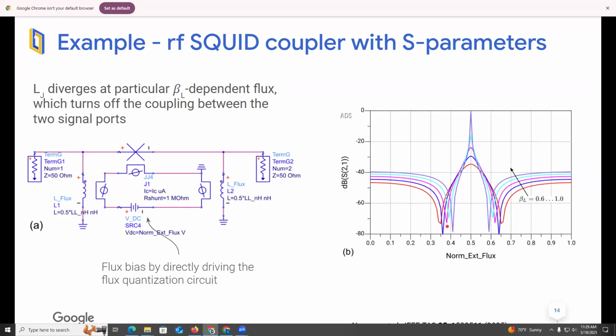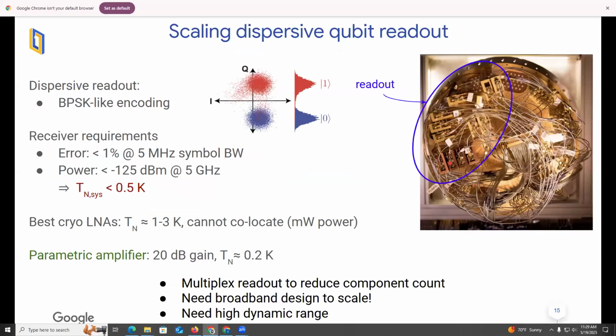And we see that that point changes with the value of beta L. And also you can see that when beta L equals 1, the transmission exactly at phi naught over 2 is unity. So this all agrees with what we understand these couplers to do. All right, so these were two examples.